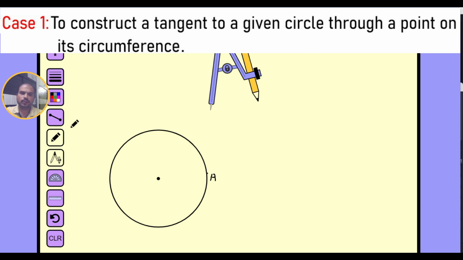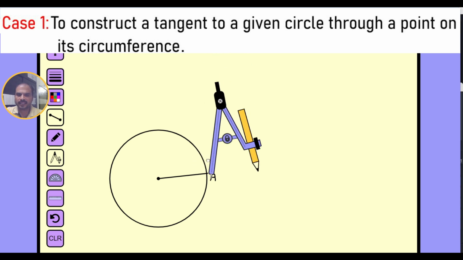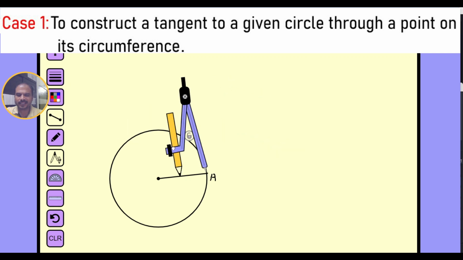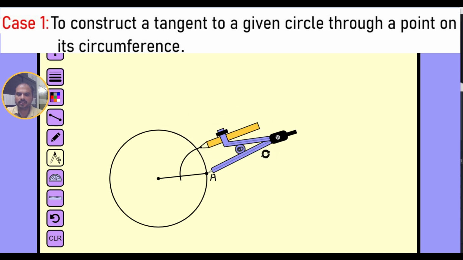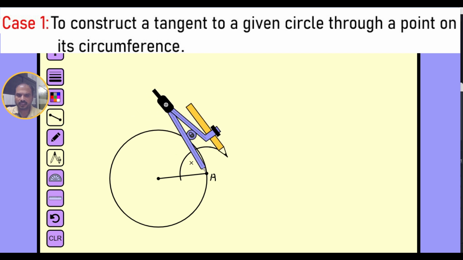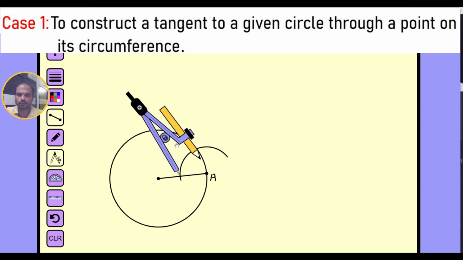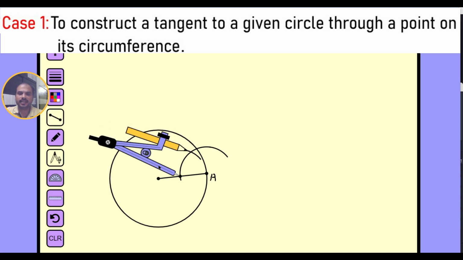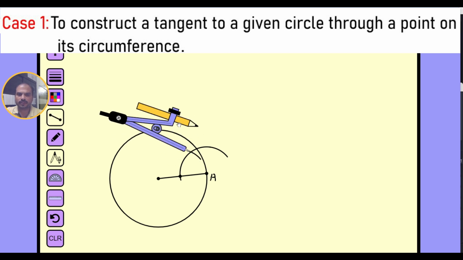Clear children? So what I do, I will draw a radius at this particular point. And you know that the angle between a tangent and the radius drawn at the point of contact is 90°. So what I do here is I will draw a 90° at that particular point at A. That is going to be the angle between the tangent and radius drawn at the point of contact.